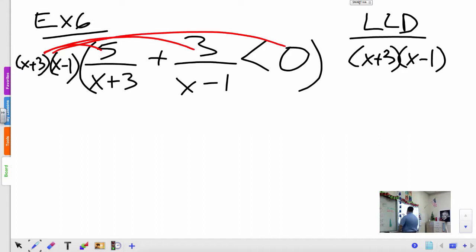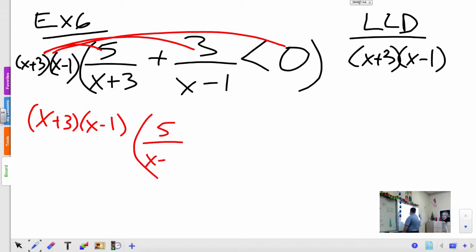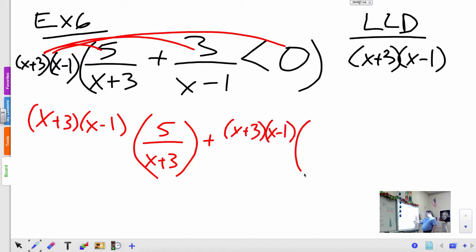So what that looks like is x plus 3 times x minus 1 times 5 over x plus 3, plus x plus 3 times x minus 1 times the quantity 3 over x minus 1.